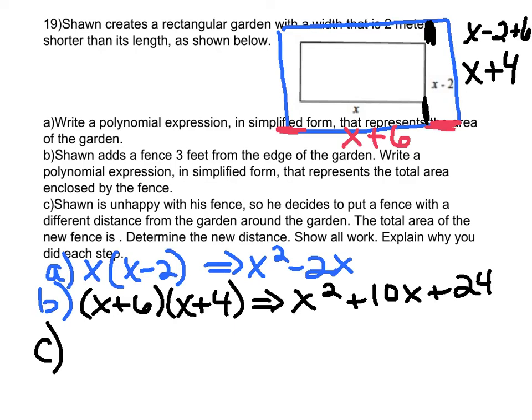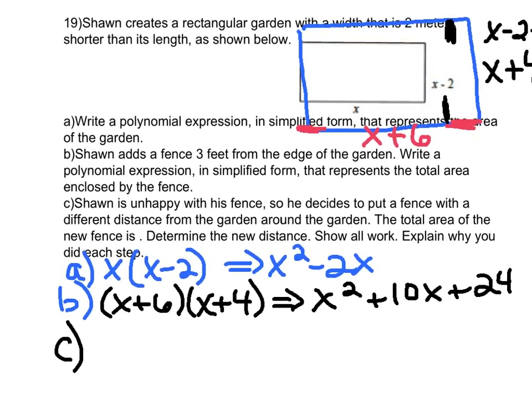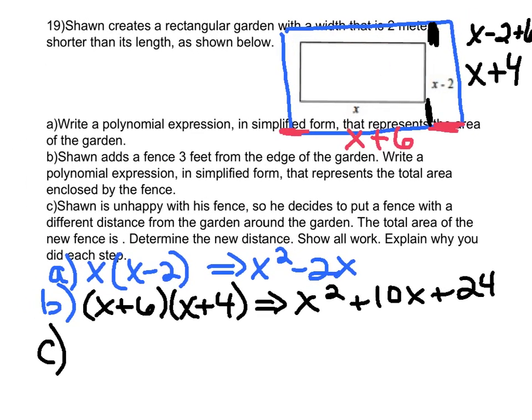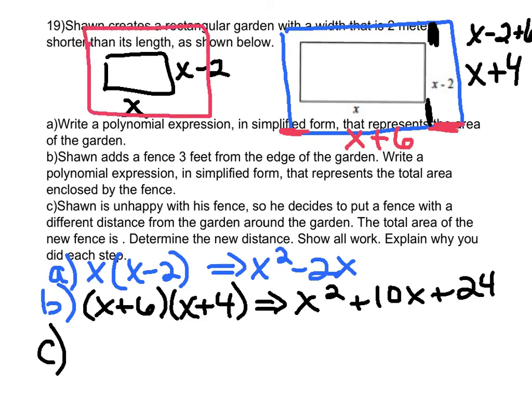So what I'm going to do here is I'm going to go ahead and erase. Oh, I can't erase that one. Oh, that stinks. Alright, I'm going to draw an original garden again. You're going to take the original garden and you're going to have the x and the x minus 2. He's taking the original garden and adding a fence that's 2 feet on each side.